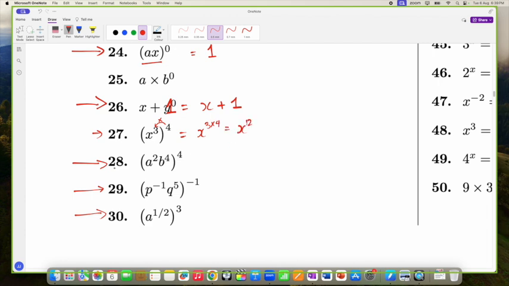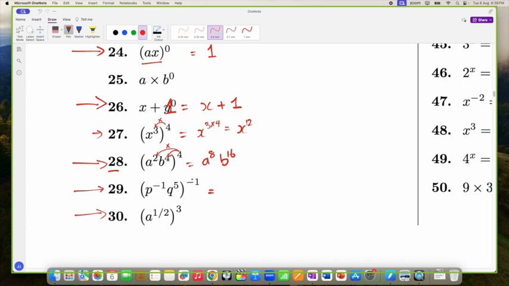And so when we reach numbers like 28 now, you do the same thing. You multiply 4 times 2 to give you a to the power of 8. And then you multiply 4 times 4 to give you b to the power of 16. And this one here is the same thing. Anything outside the brackets, you multiply on the inside.